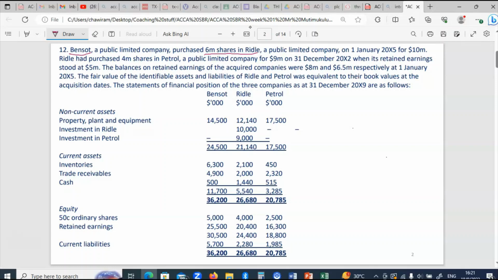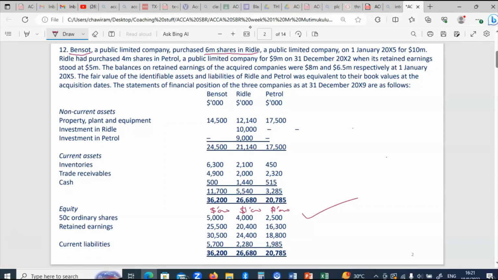The shares of these companies are found in this line, the equity shares. Now, these values are monetary values, and they are in thousands. Remember, these are monetary values.